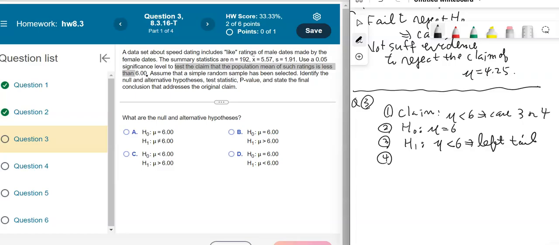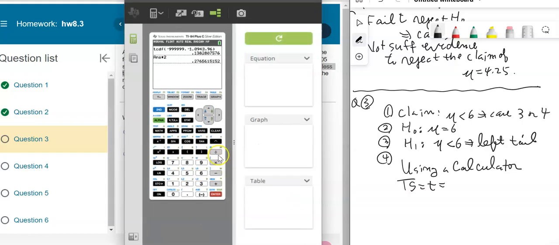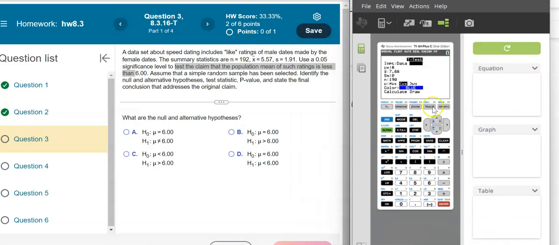Now, you can actually use the calculator this time. Test statistic t: go to stats, go to test, and t-test. Enter those values here. What are we testing against? 6.